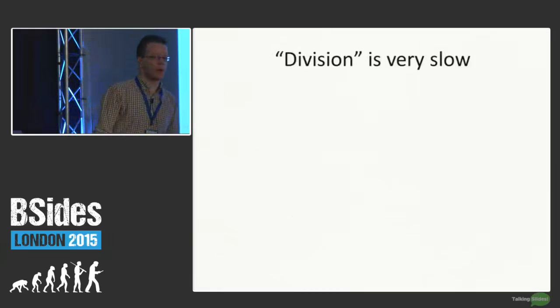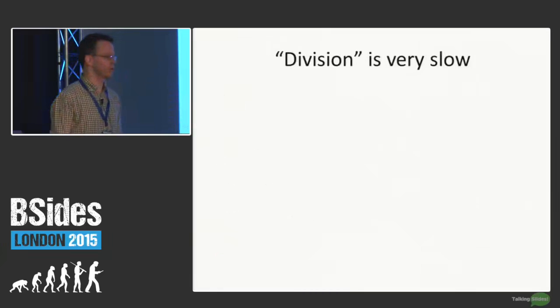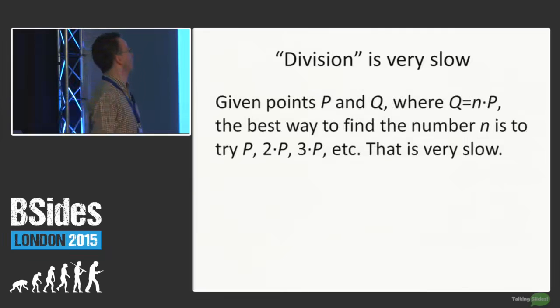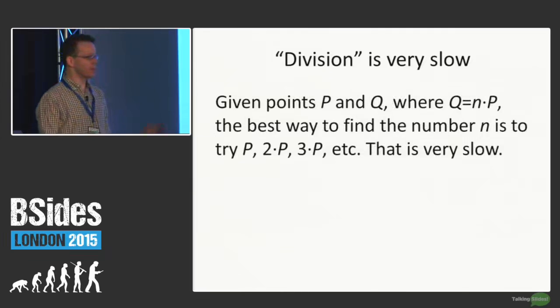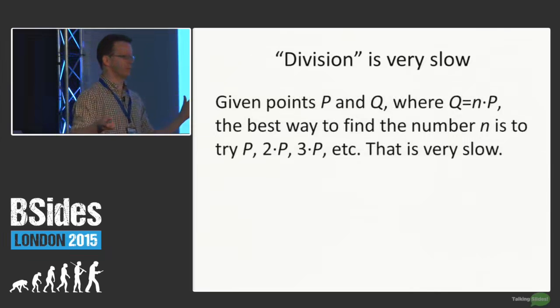However, the other way around, which I call division, though it isn't officially called that, is very slow. So imagine you have 2 points on the curve, P and Q, and you know that Q is n times P for some number n. It could be 100, could be 1,000,000, could be 17 quintillion, you don't know.